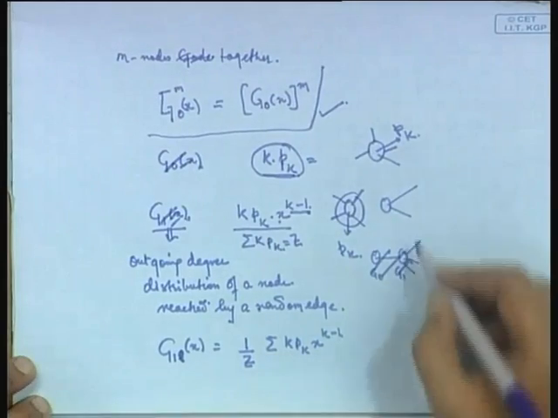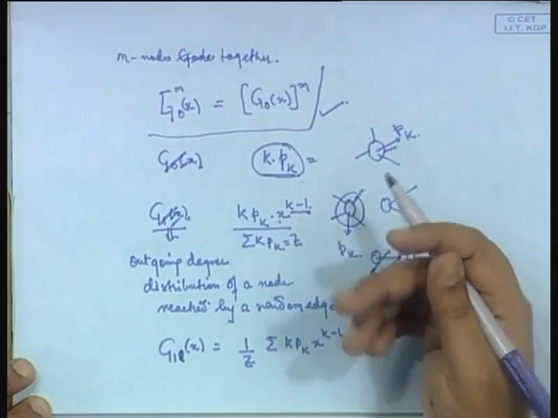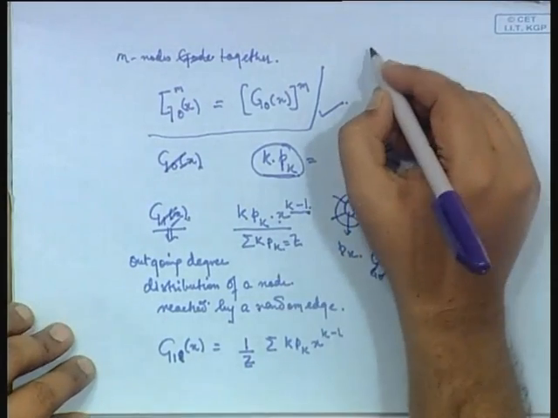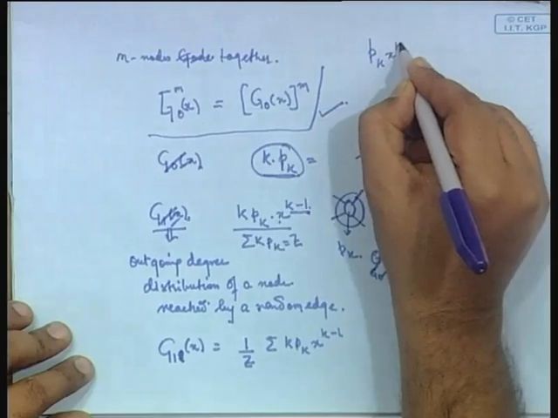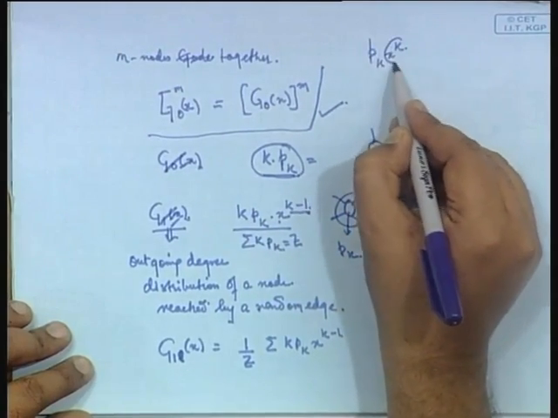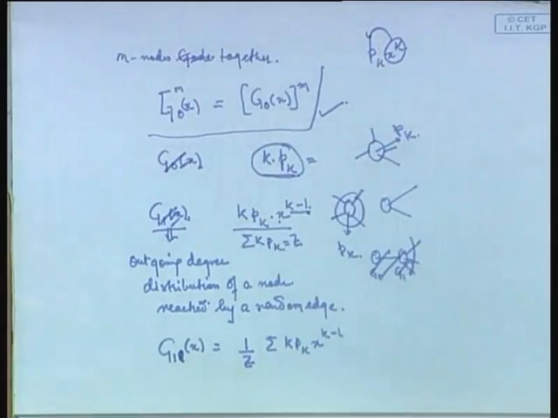Because I have the outgoing, x to the power k is always denoting pk x to the power k. So, the coefficient of x to the power k is showing the property of the kth degree node. Okay. And now, what I am trying to model is the property of the outgoing degree distribution.